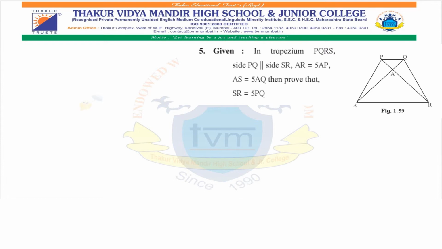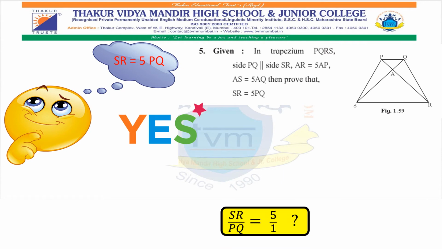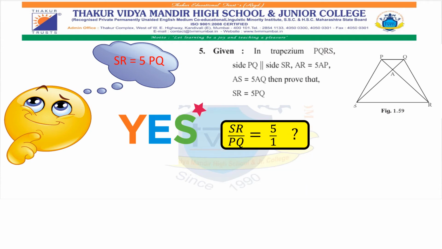Let us think, how can we prove SR as 5 PQ? Any guess? Yes. If I can prove SR upon PQ is equals to 5 upon 1, is it possible to prove SR equals to 5 PQ? Correct.